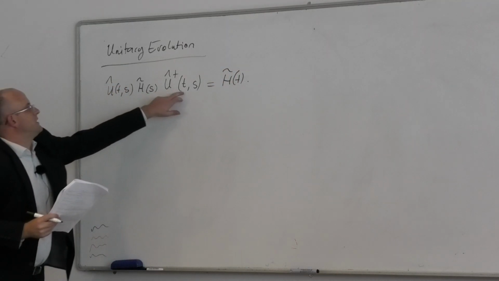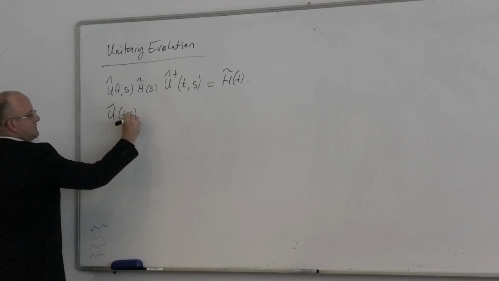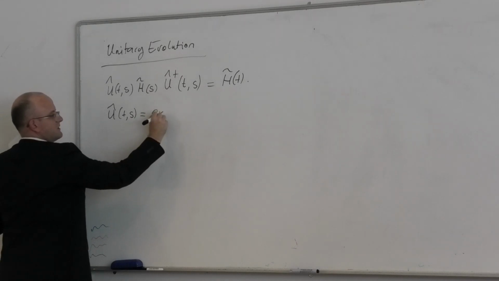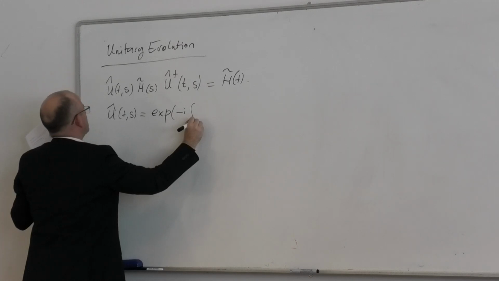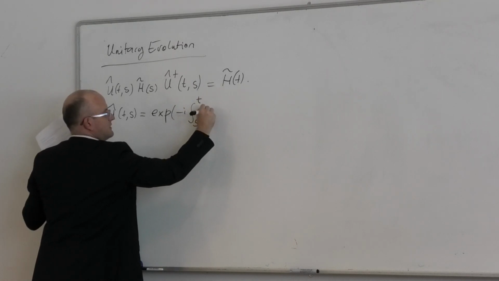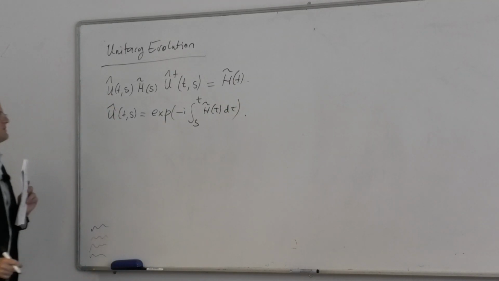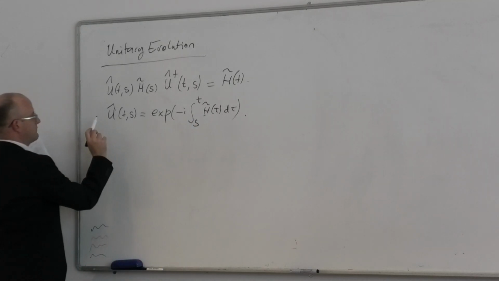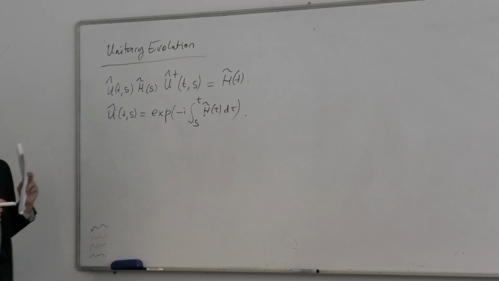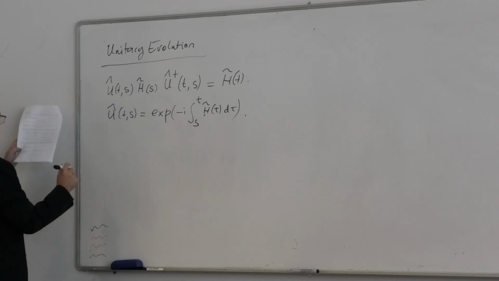Okay, so now this thing which I wrote, u of t, s, you can do a bit of work and you can show that this thing is equal to exp of minus i integral from s to t of h of tau d tau. Okay, so basically we're reduced to, we want to find the h. And once we've got the h, we find the U, and the U will tell us everything we need to know about the system. Okay, so let's set up the problem.